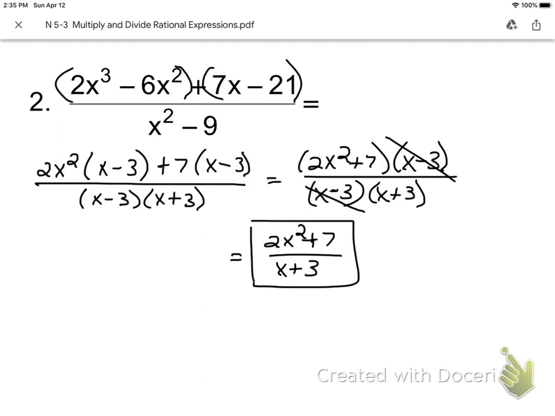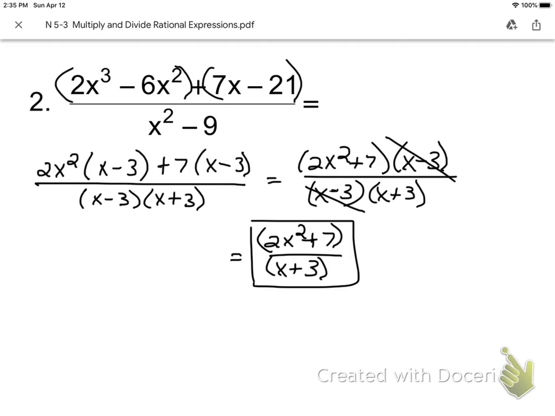Now, I'm going to warn you ahead of what students tend to do. They look at this and they go, well, this x will cancel with this x. You can't do that. Mathematically, those are factors, and the only way you can cancel a factor is if what's inside the parentheses matches exactly.